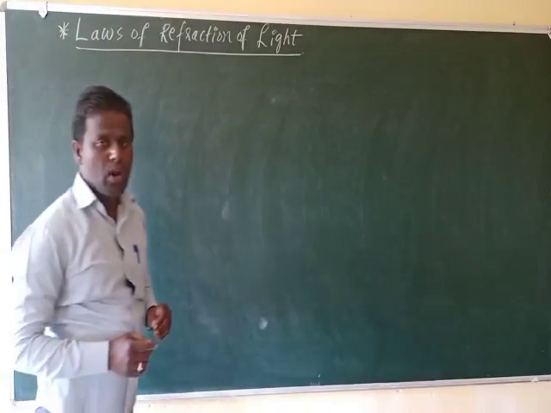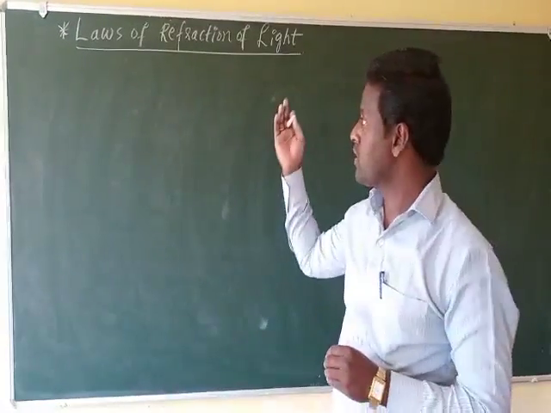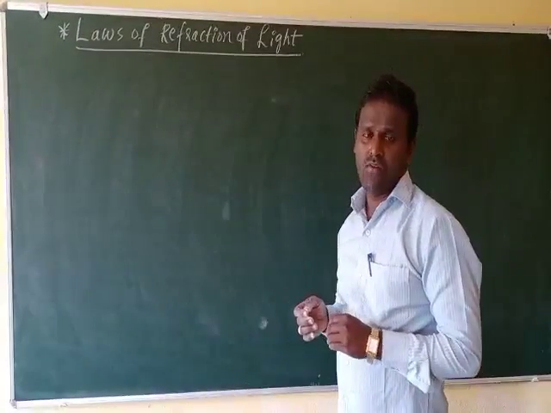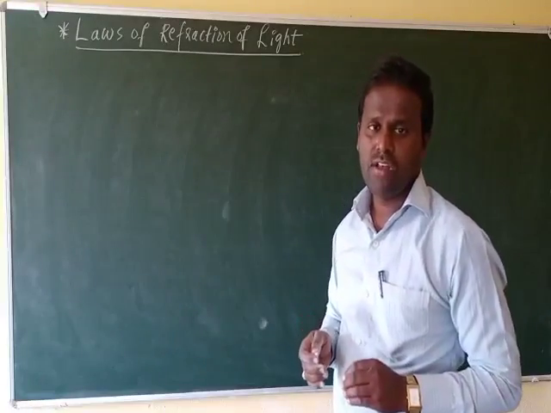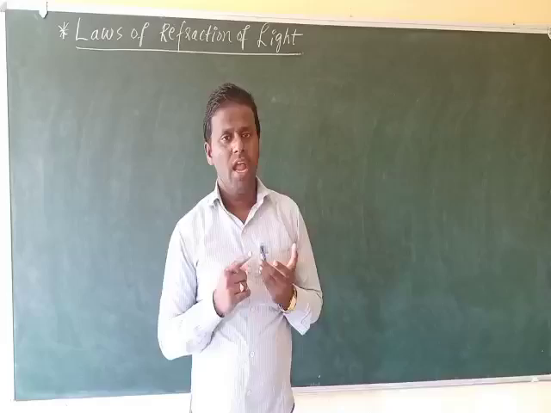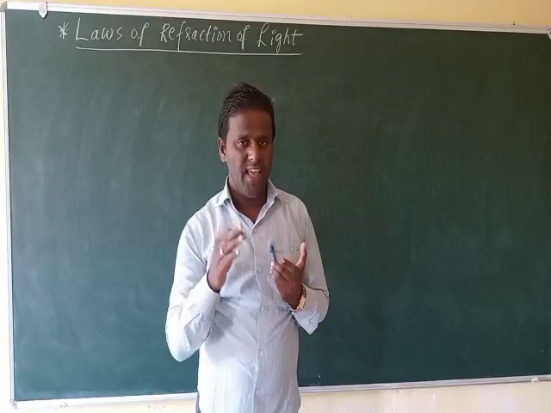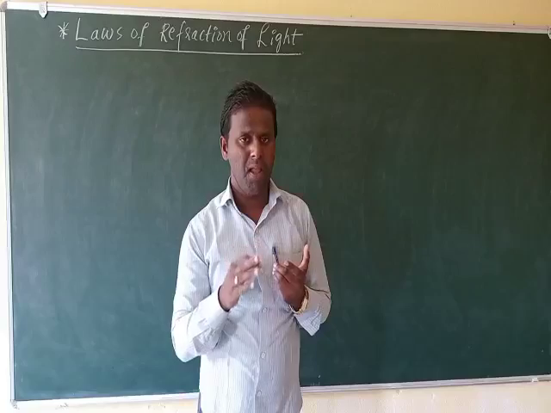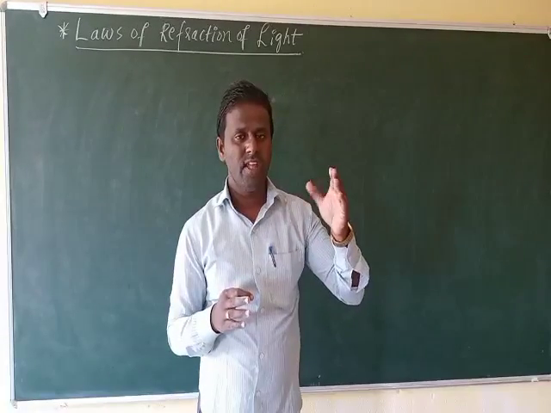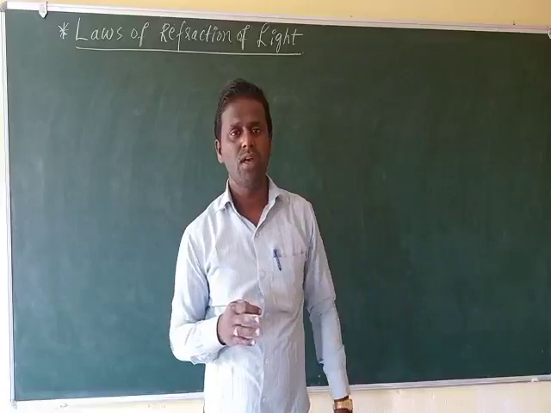There are two laws by which we study refraction of light. The first law is that the incident ray, refracted ray and the normal ray are all lying in the same plane. That is, all the rays meet at the same point called the point of incidence.